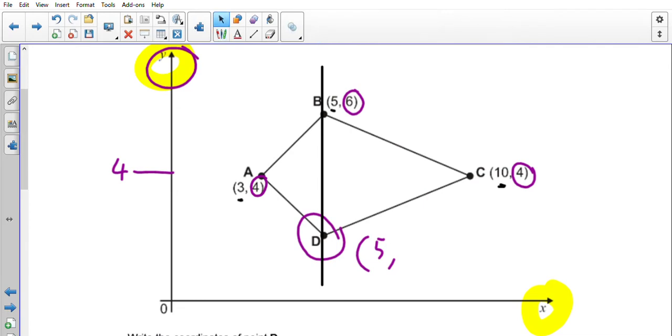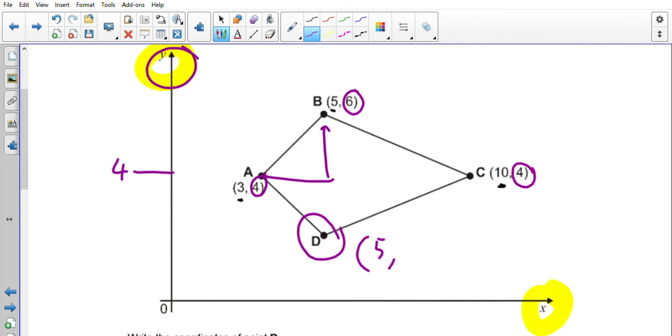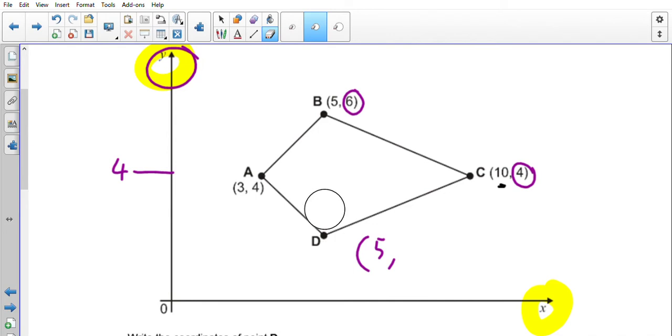Now the slightly trickier thing is working out the y coordinate, but it's not impossible at all. I need to use my knowledge of shape to know that the distance from here to here is going to be the same as the distance from here to here. If I look at the difference in my y coordinates between these 2 points, my y coordinate here for the first one is 6.